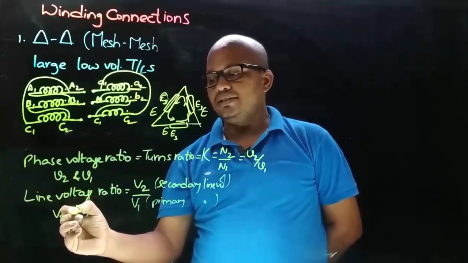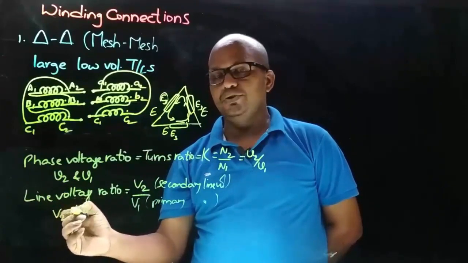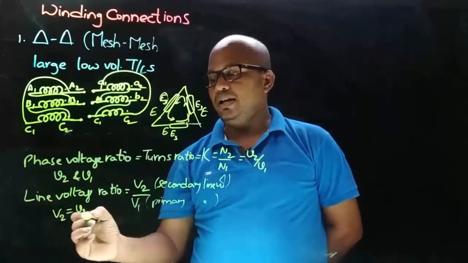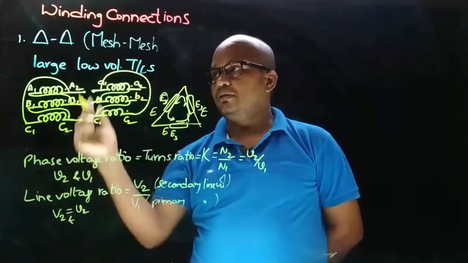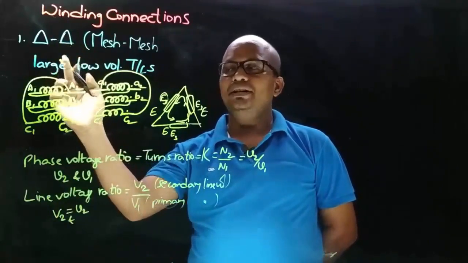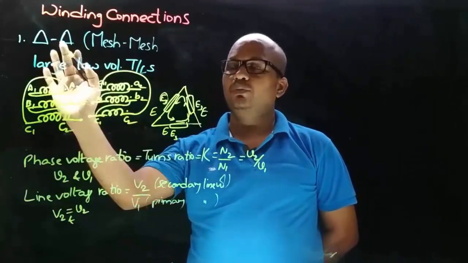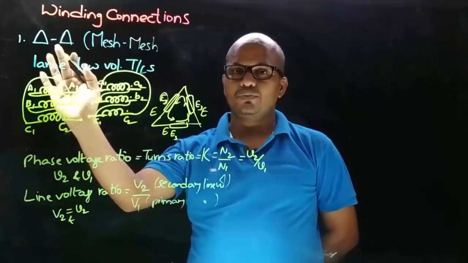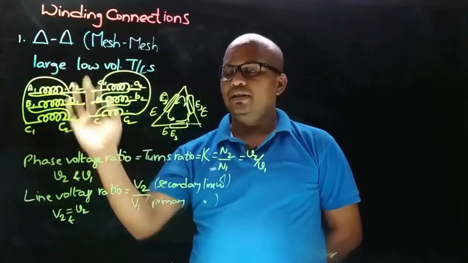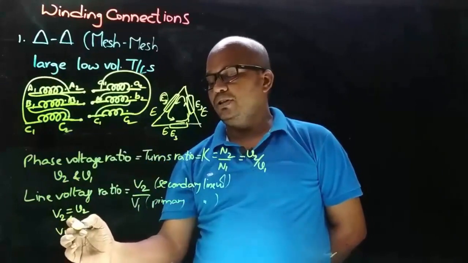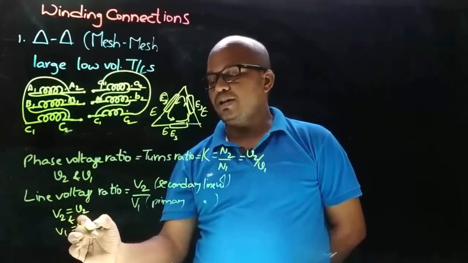As it is delta connection, capital V2 is equal to small v2, and similarly on the primary side the connection is delta, so the line voltage is equal to phase voltage. On the primary side we took line voltage as V1 and phase voltage as small v1.